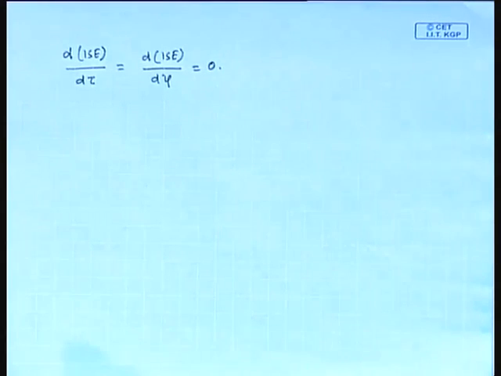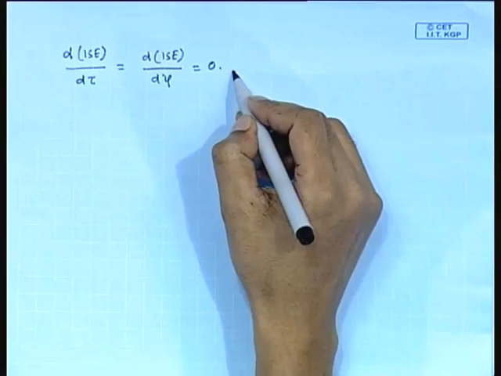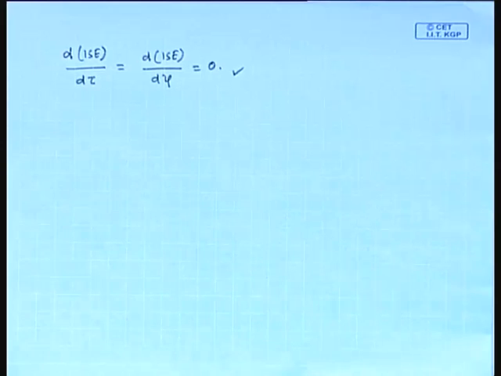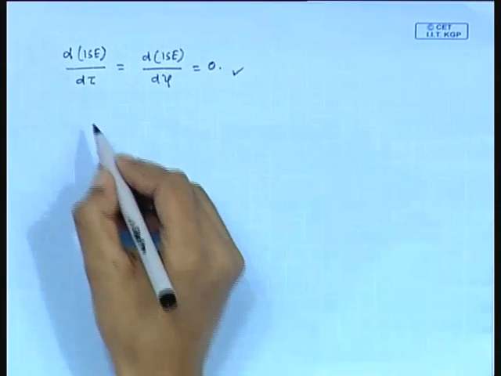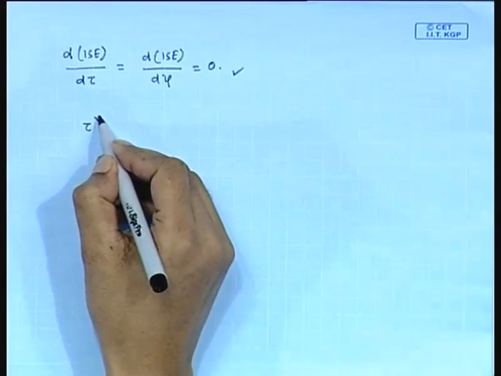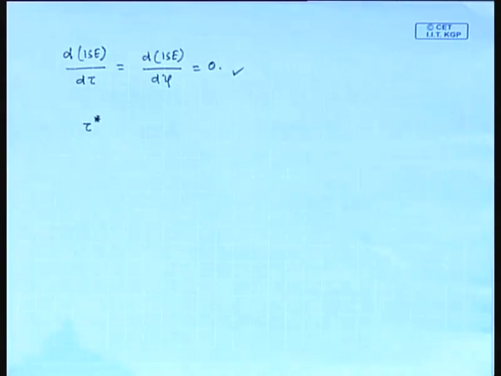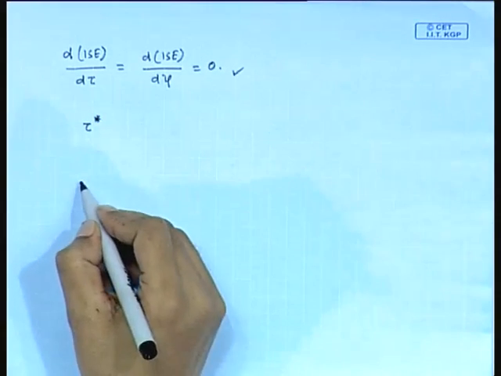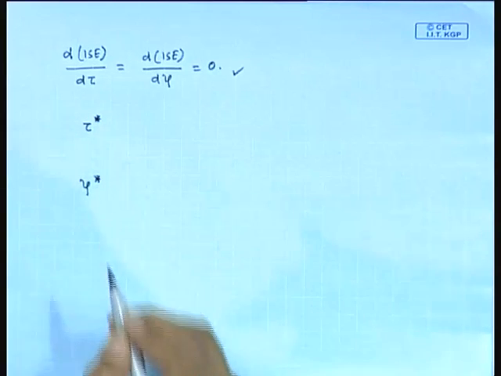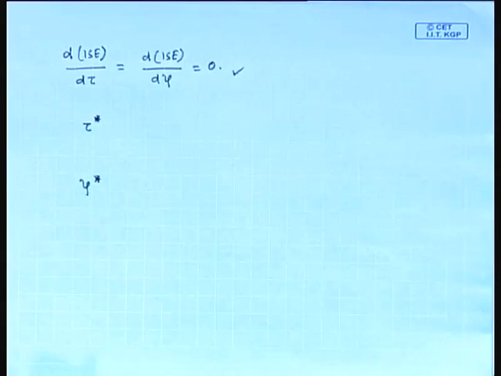If we minimize the ISE with respect to tau and zeta, we will get the optimum values of tau and zeta. Suppose these optimum values are tau star and zeta star. Fine.